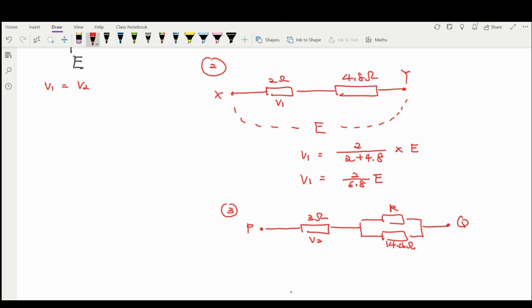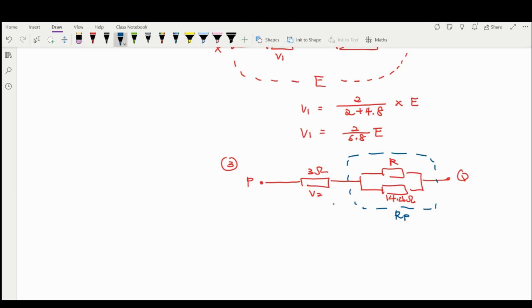We don't know the resistance of R, but we let the parallel resistance here be RP first. Their potential difference will be E as well. So your V2 should be 3 over 3 plus the parallel resistance, times E. So this is your first one, this is your second.